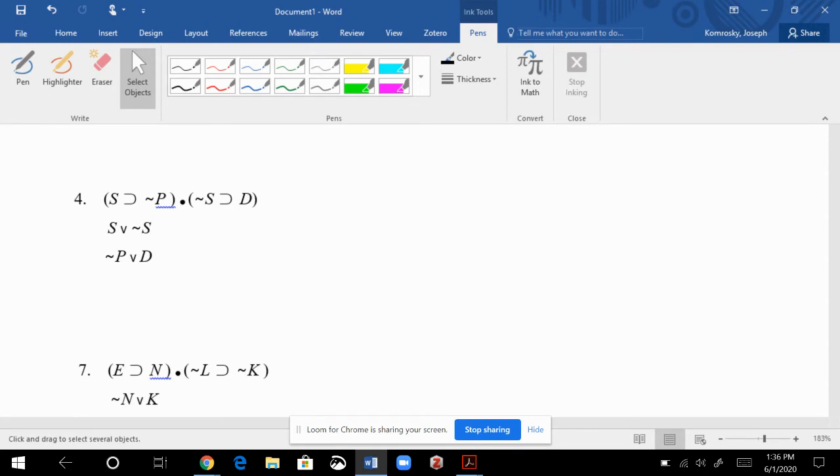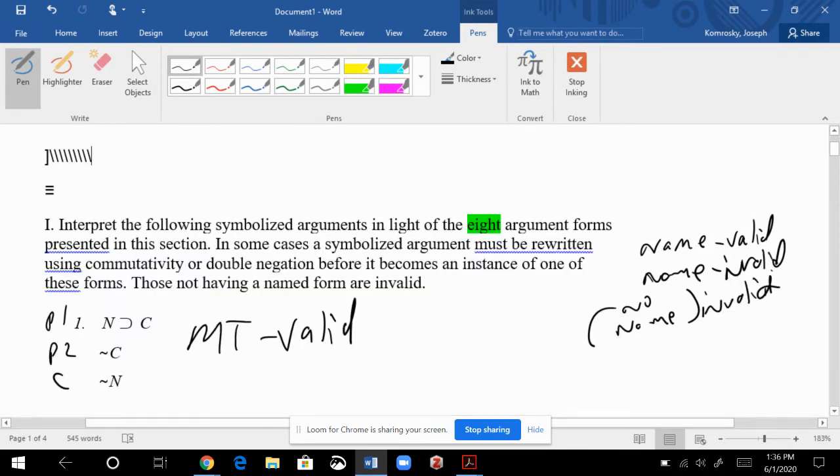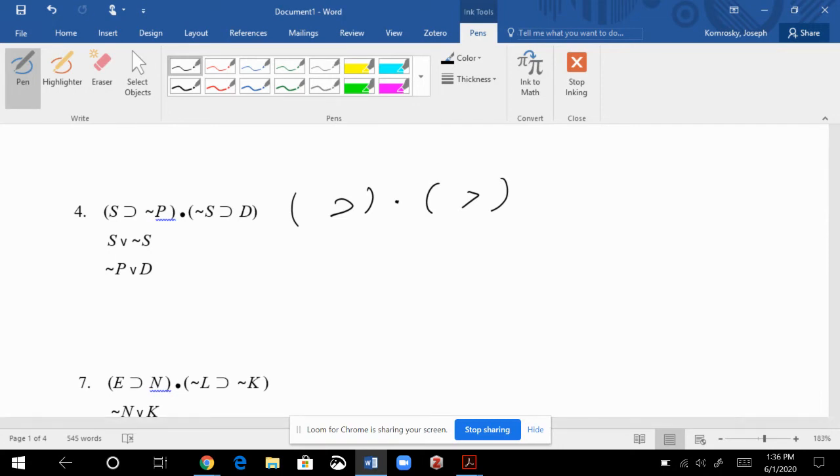Remember what we're looking for here: the premises separated by that symbol, and then down below, it seems to be affirming the antecedents, and then it affirms the consequents. What's that? Constructive dilemma, valid.